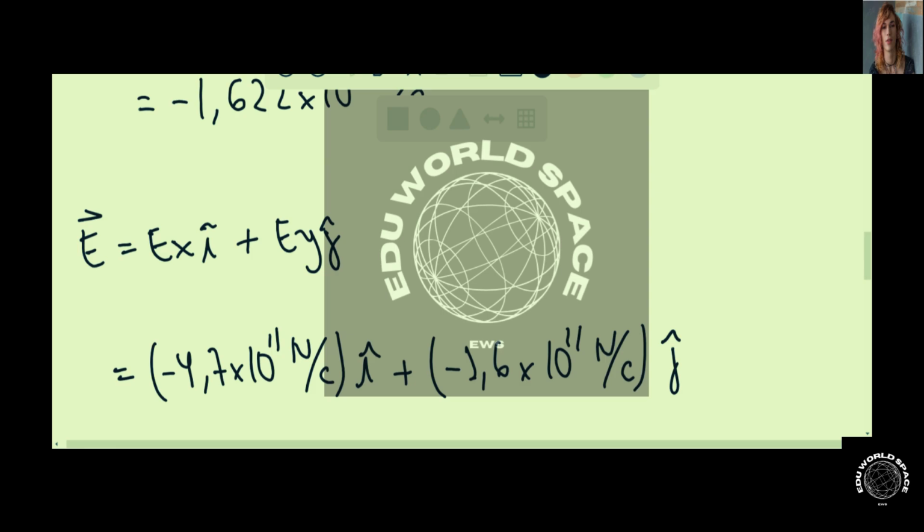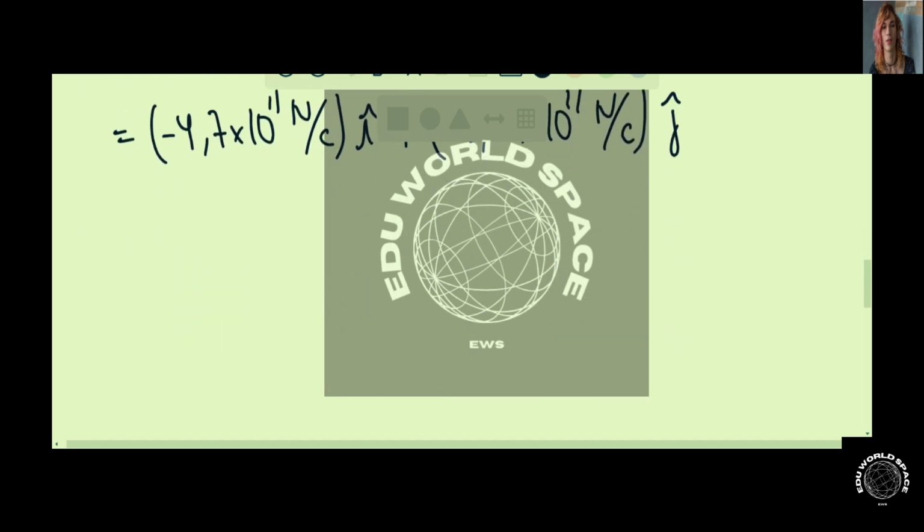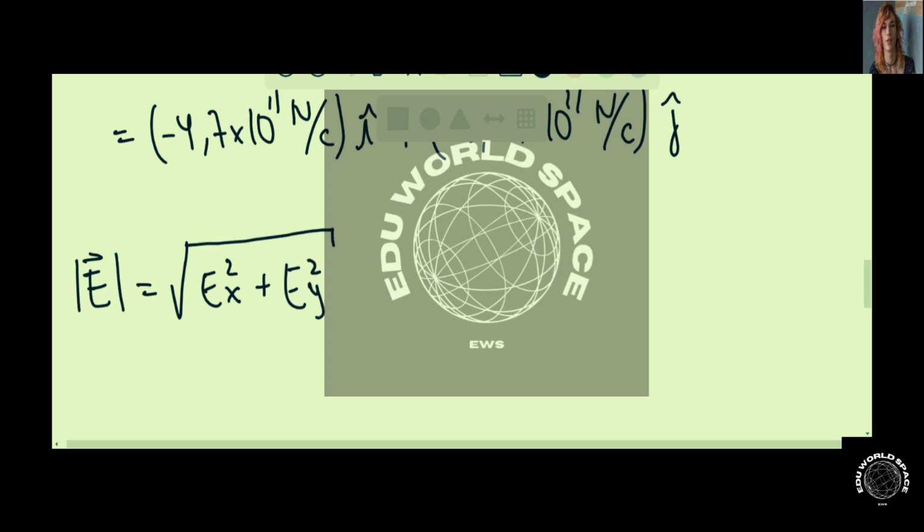And if we want to determine the magnitude and the direction of this net vector, we just simply need to obtain the magnitude of this vector, and after that the angle. So it will be the square root of the x component squared plus the y component squared.